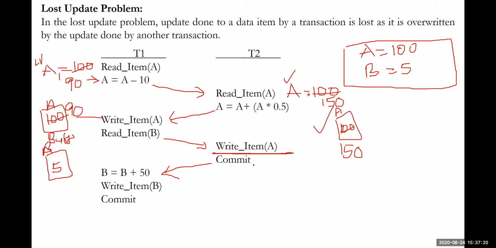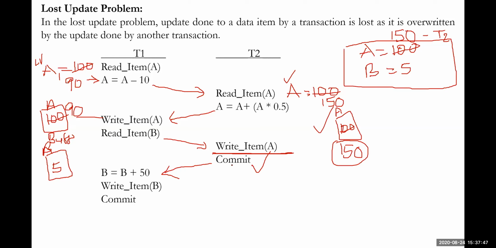Now, transaction 2 has operated commit. Because of commit, whatever value is possessed by the local buffer of transaction 2 for A has been made permanent, which is 150. This 150 was done by transaction T2 because transaction T2 operated commit before transaction T1.